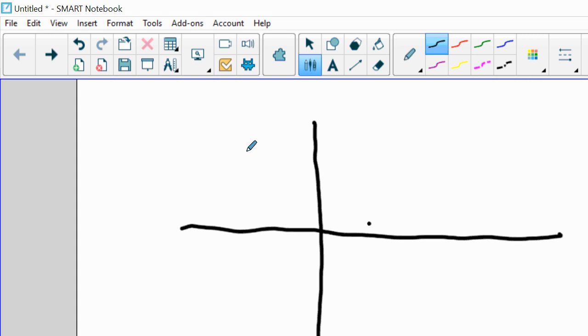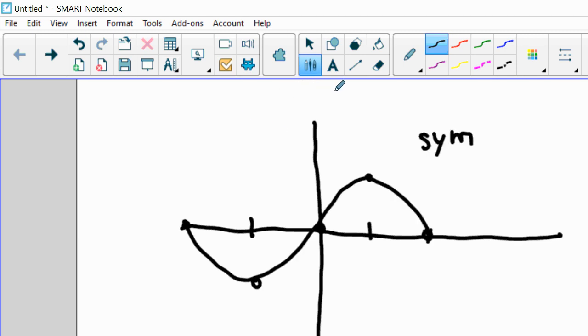But the other 4 are odd, meaning sine basically looks like this, and it has symmetry with respect to the origin. Nobody really ever likes this, but I'm going to explain it anyway. I take this piece and I fold it over here, and then I fold these two over.